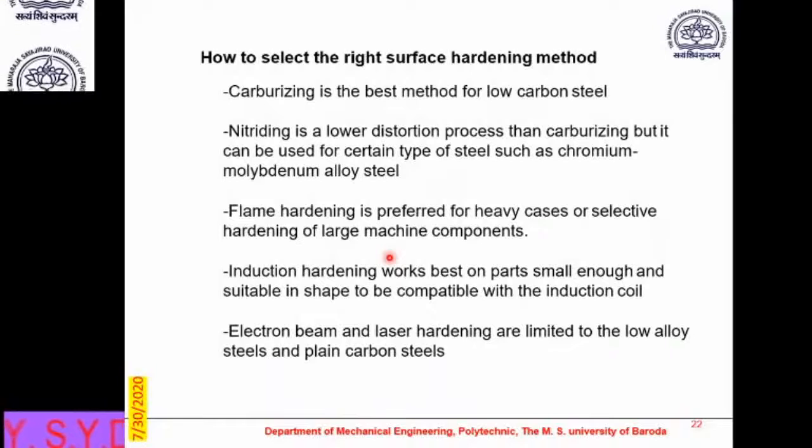That means the component should not be too large. We have a coil that can accommodate a component, and only those components can be hardened using the induction hardening process. Electron beam and laser hardening are limited to low alloy steels and plain carbon steels. These are costly methods and the technology involved is also very high.